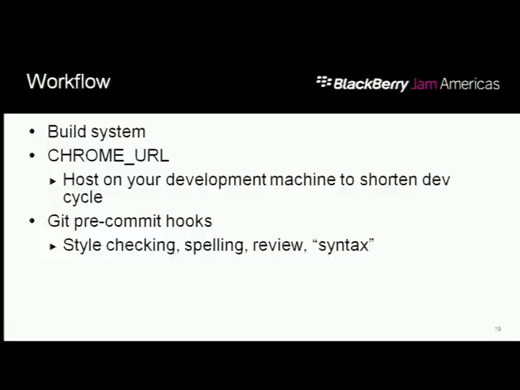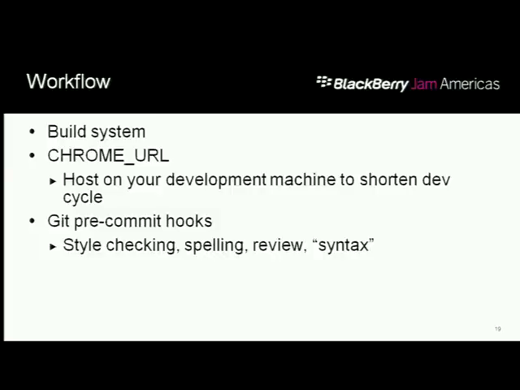So the only thing actually running on the device was the launcher shell, the native piece, and all the web assets were pulled from your machine. And as long as you have a fast connection between the device and your development machine, the USB net connection is what most of us were using, although if you have fast Wi-Fi, that probably works too. And that means that it's really easy to just change stuff on the server side and reload. You can actually use Web Inspector to force it to reload as well, so you don't even have to rerun the binary.